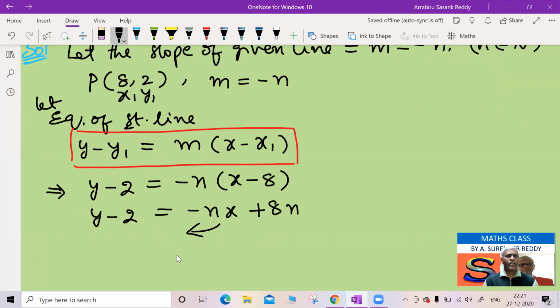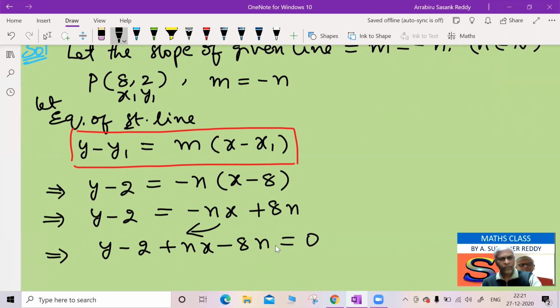So bringing all terms to the left side, y minus 2 plus nx minus 8n is equal to 0, or you can keep 8n on the right side as it is.